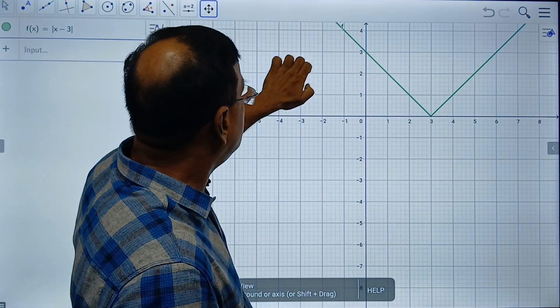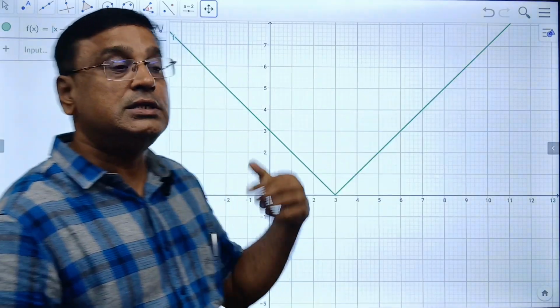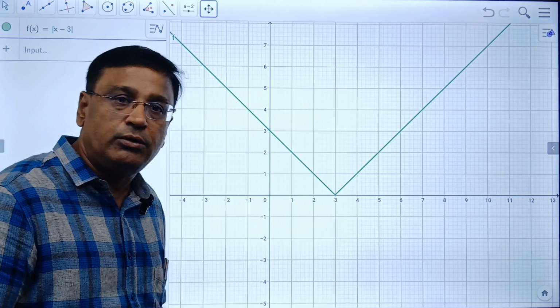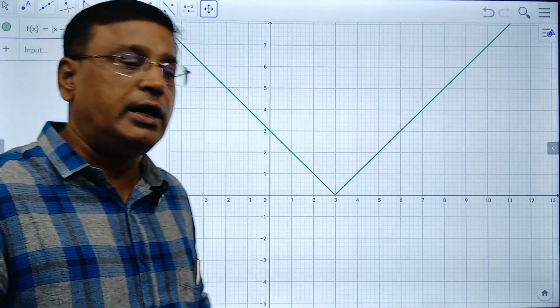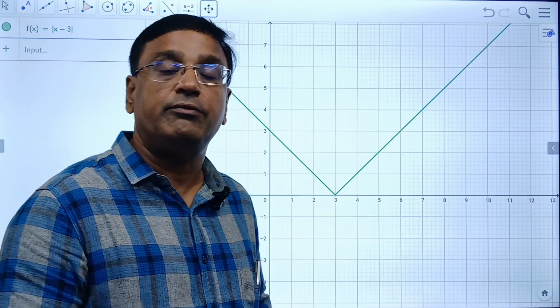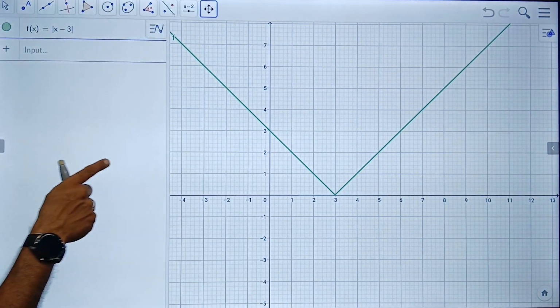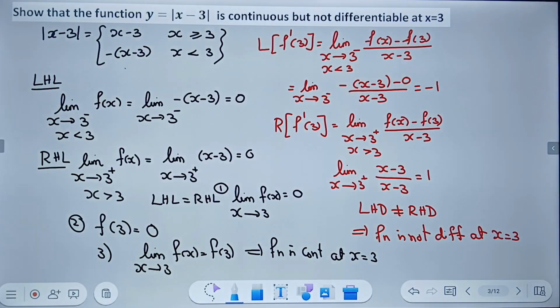Okay, you can just move it around. It's perfectly continuous. But is it differentiable at 3? No. Why? Because there is a sharp edge. I told you, right? When there is a sharp edge, you cannot draw a tangent. You cannot draw a tangent means you cannot differentiate. That is why we got the function is not differentiable. Where is it not differentiable? At 3. Let's go back to our regular work.